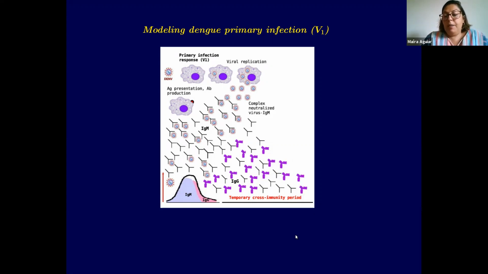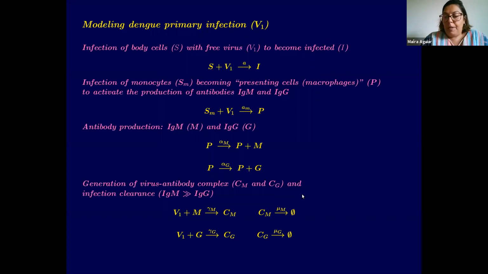And we can write down that in terms of a model, so we can just describe that with a model, where we have susceptible cells meeting the free virus, becoming infected with an infection rate A. So these target cells are specific ones, and they are called dendritic cells and monocytes.